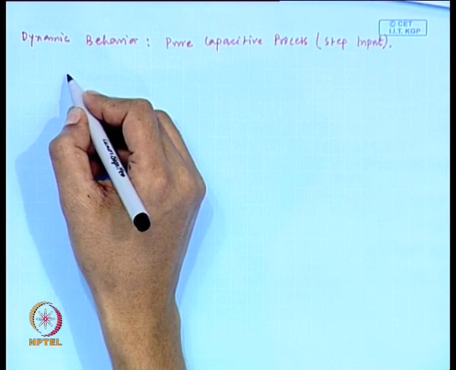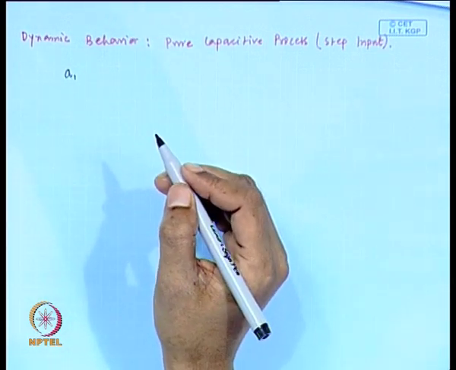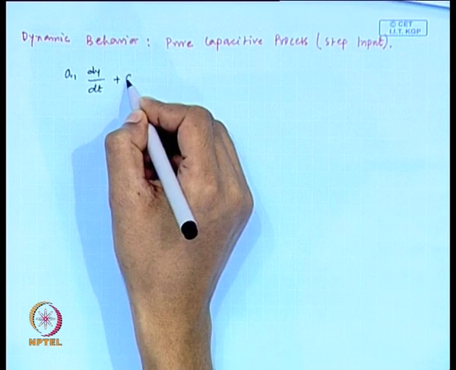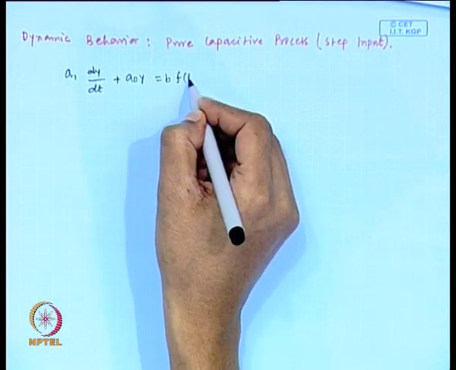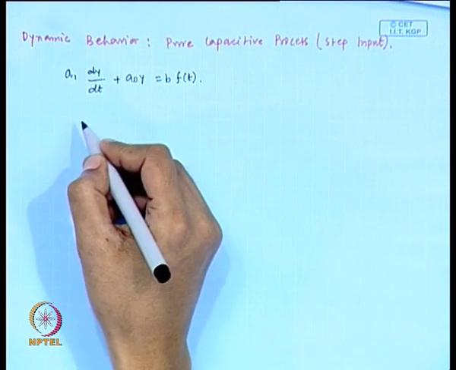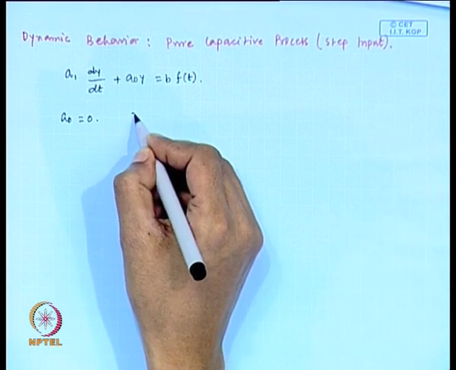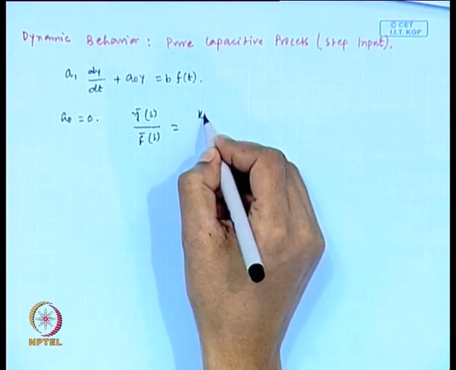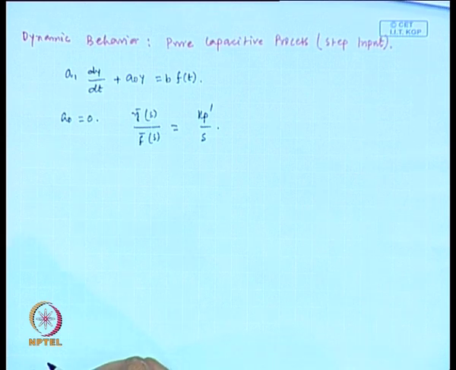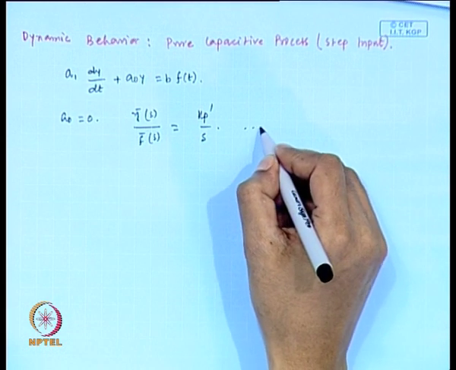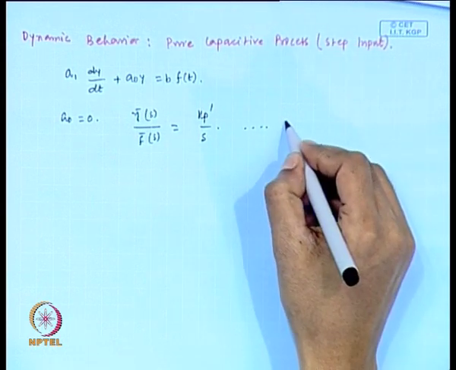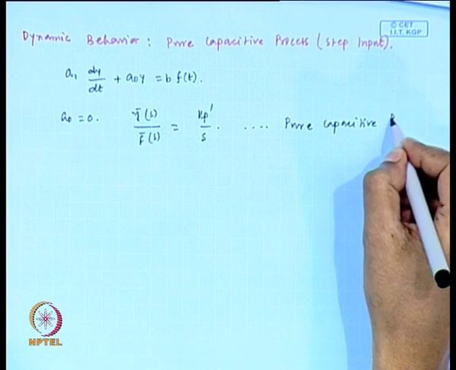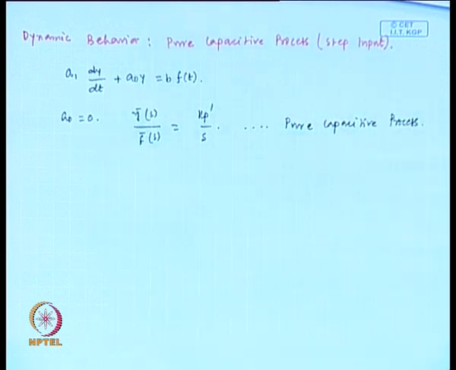Now, you can recall the first order system model a1 dy/dt plus a0 y equals b f(t), and considering a0 equal to 0, we got Y bar(s) divided by F bar(s) equal to K_p prime by s, and this is the transfer function of a pure capacitive process that we have derived earlier, fine.